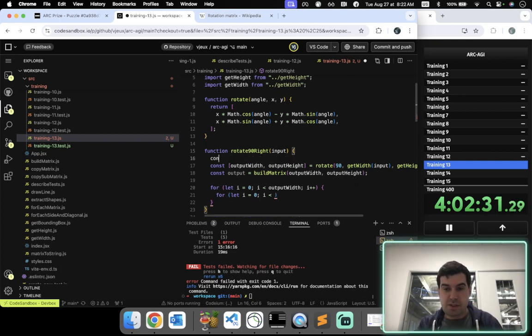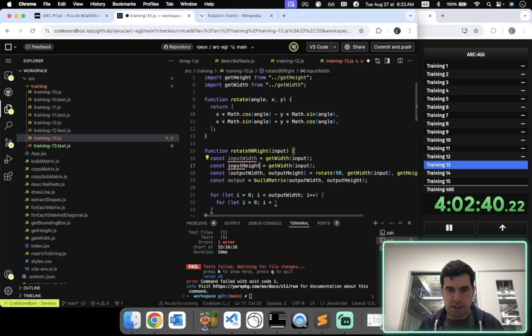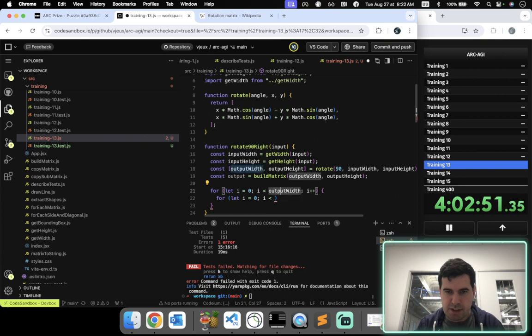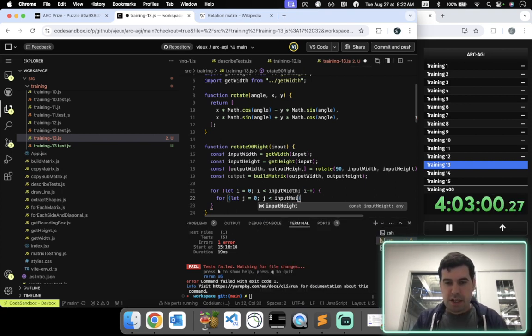So const input width equals get width of the input, and likewise the height. So now we want to probably use this one, and this is the input, and now it's going to be the outputs. Input height, plus plus j.